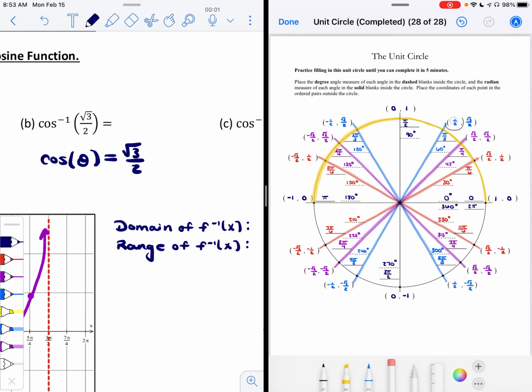If we look over here, we're looking for an x value of root 3 over 2. So that is going to happen right here, again in quadrant 1, at an angle of pi over 6.